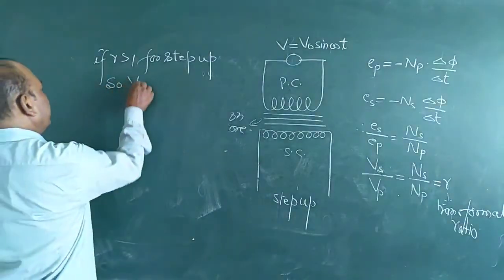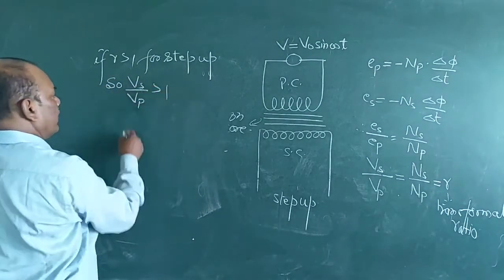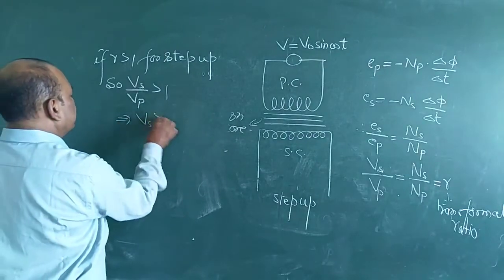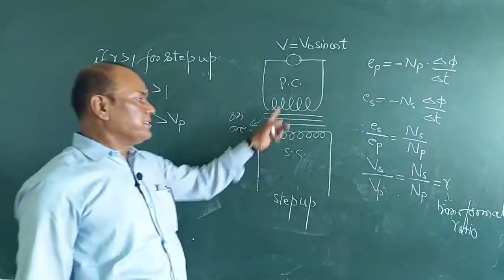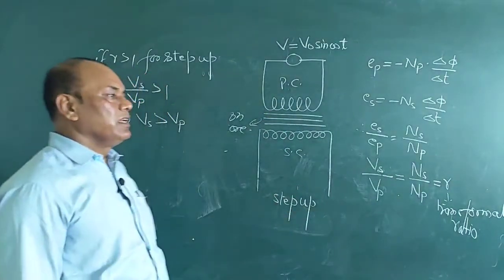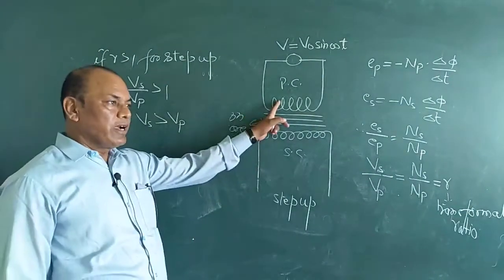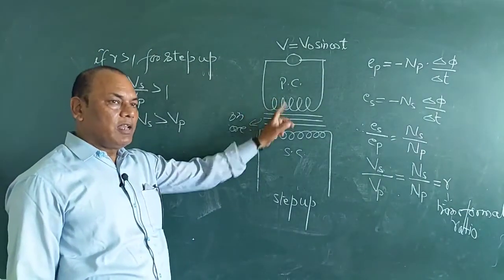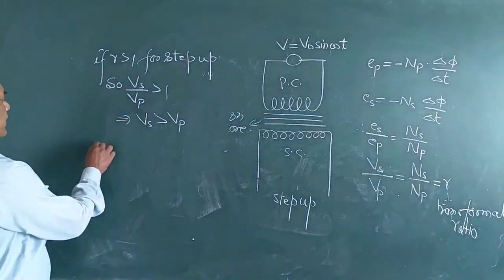So Vs divided by Vp is greater than 1, which implies that Vs is greater than Vp. In this way, the step up transformer changes alternating voltage: a lower voltage is applied on the primary coil and we get a greater voltage on the secondary coil.